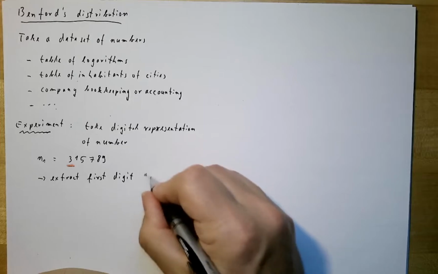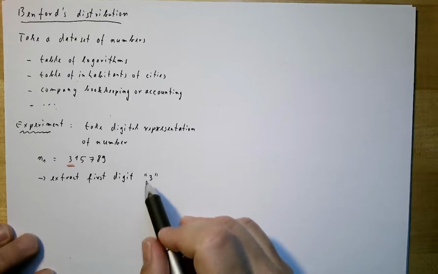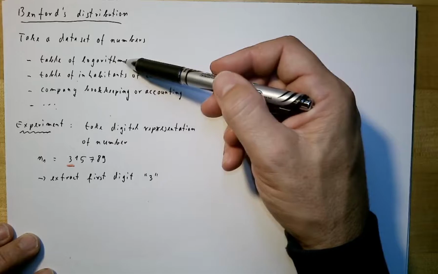So in this case, this would be the 3. And this is now our random number. And this we can do for all numbers in the data set.